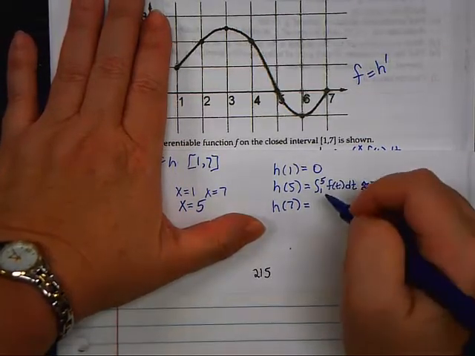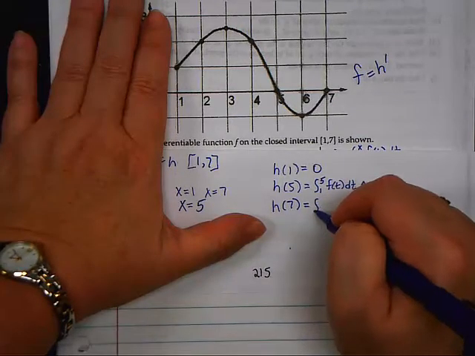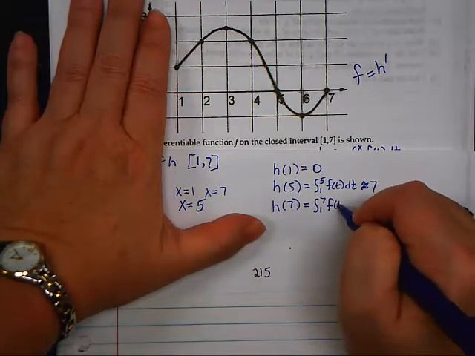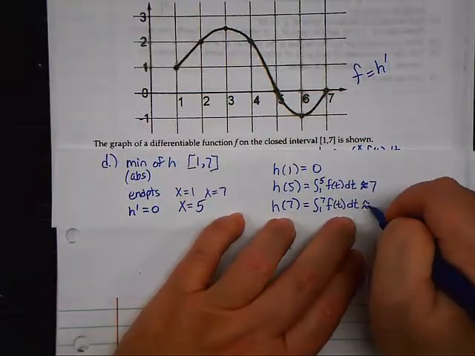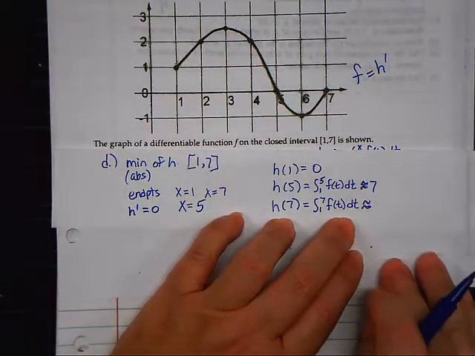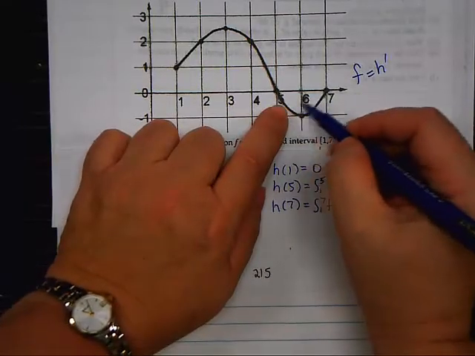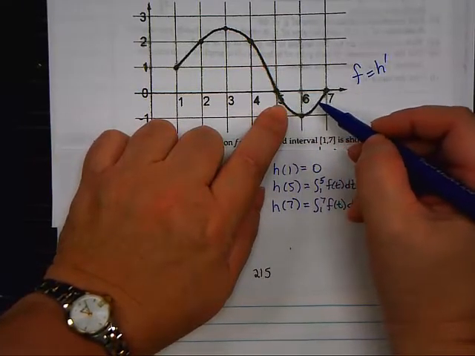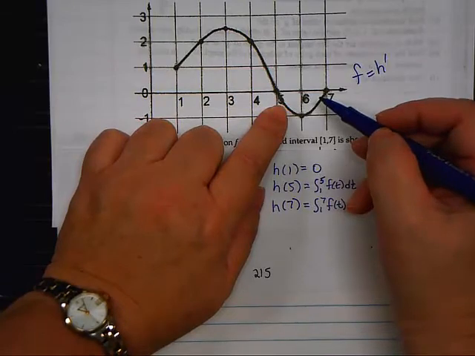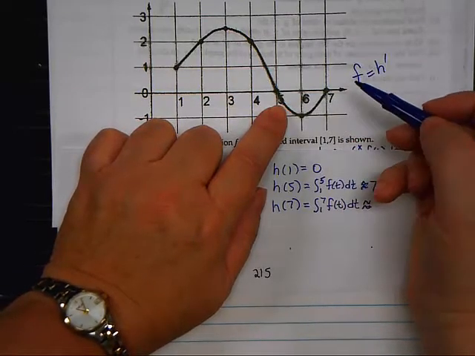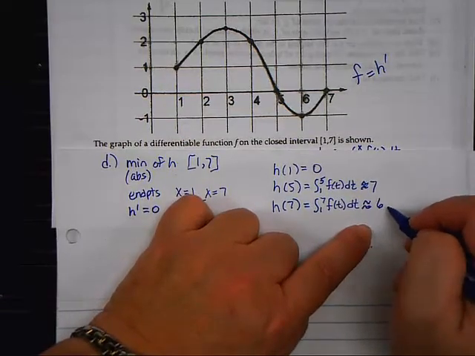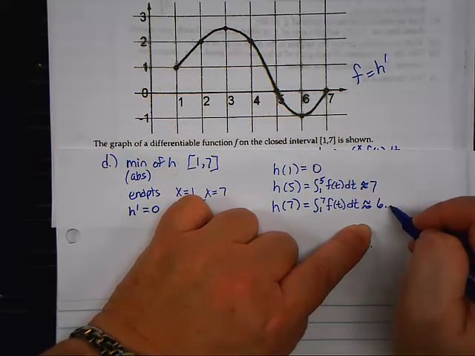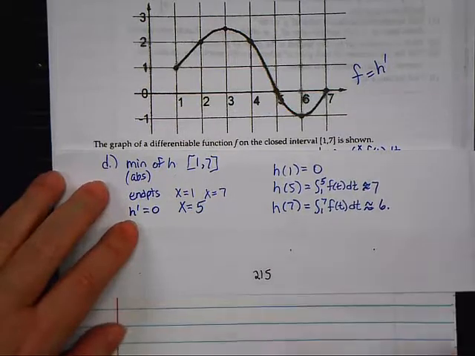Okay? H of 7 would be the area from 1 to 7 under f. And that would be approximately equal, it doesn't come out very well. What would that be approximately equal to? What is this going to do to that total up to this point? Take off about how much? 1-ish? 1.5? You write down what you think it is. It's going to be like 5.5 to 6, somewhere in there. Okay?